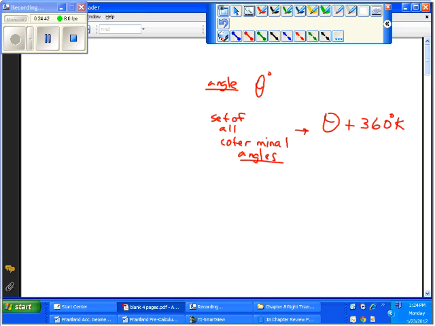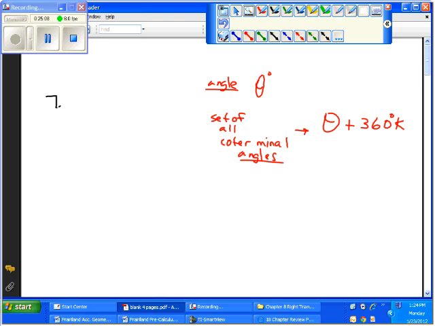So to get a coterminal angle, all you have to do is add 360 or subtract 360, right? That's all you got to do. Add 360 or subtract 360. And so, number 7 says identify all angles that are coterminal.